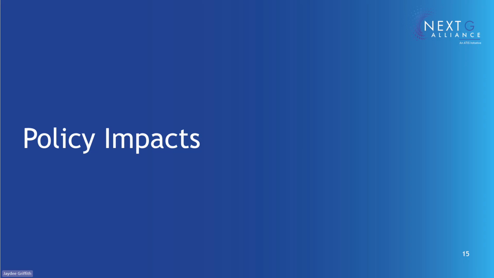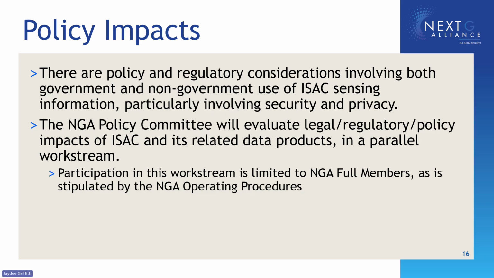All right. So one thing that, as we've discussed and scoped out this program, came up several times regarding integrated sensing and communications, was what some of the policy impacts look like. So we're going to be taking a look at the policy and regulatory considerations involving both the government use and non-government or commercial use of ISAC sensing information, particularly as it involves security and privacy. When we look at potential federal customers, how do we need to protect certain data?